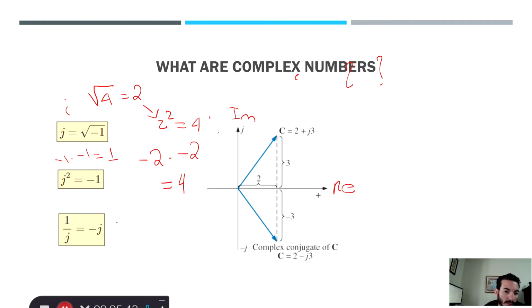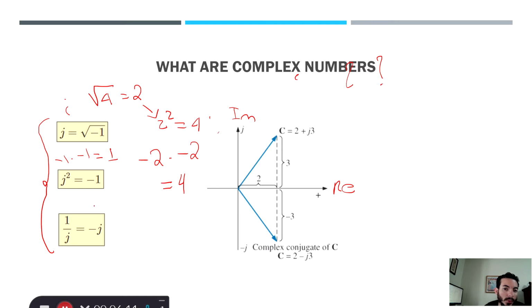There's going to be another rule, where 1 over j is the same as having -j. So these are the three rules we need to know for complex numbers: that j is the same thing as the square root of -1, that j squared equals -1, so it's just getting rid of the square root and having j to the power of 2, and then 1 over j equals -j.